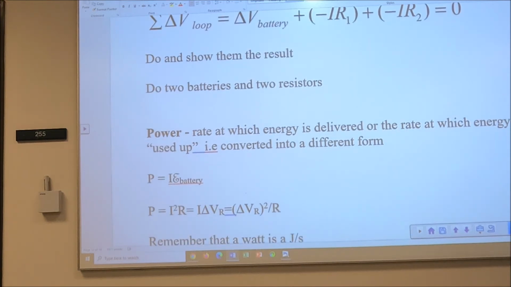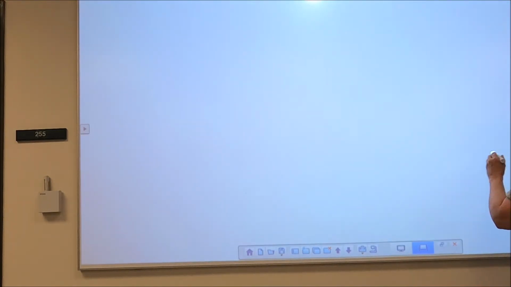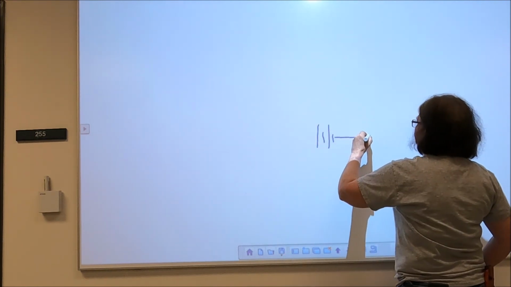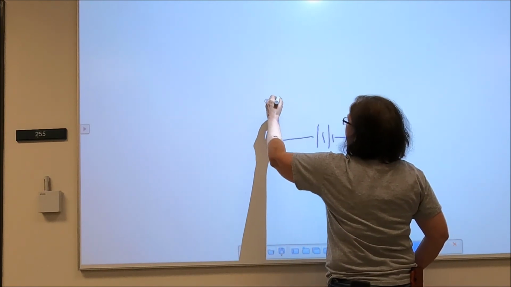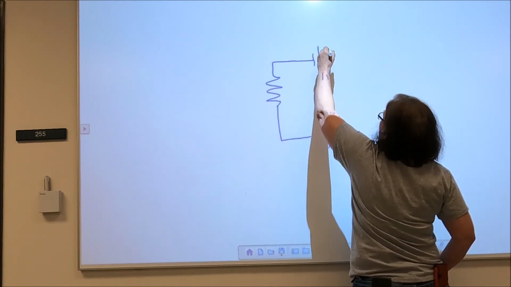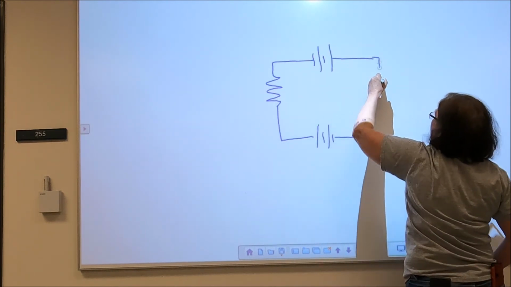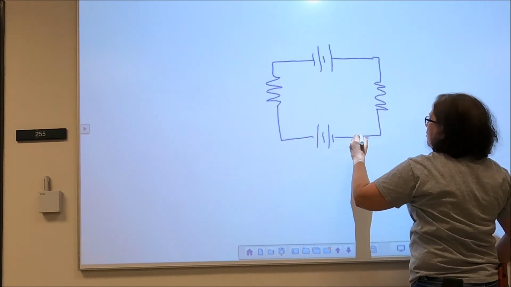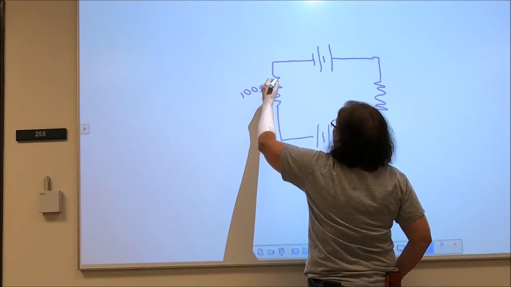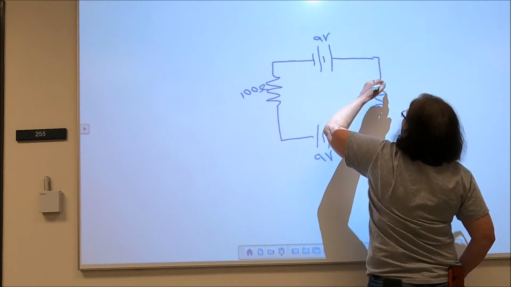Now, let's think about doing 2 batteries and 2 resistors. Well, no, you guys can do that. That's pretty, well, no, let's do an example. So let's make this a 9 volt. And I'll make this a 100 ohm resistor. I'll make this another 9 volt.